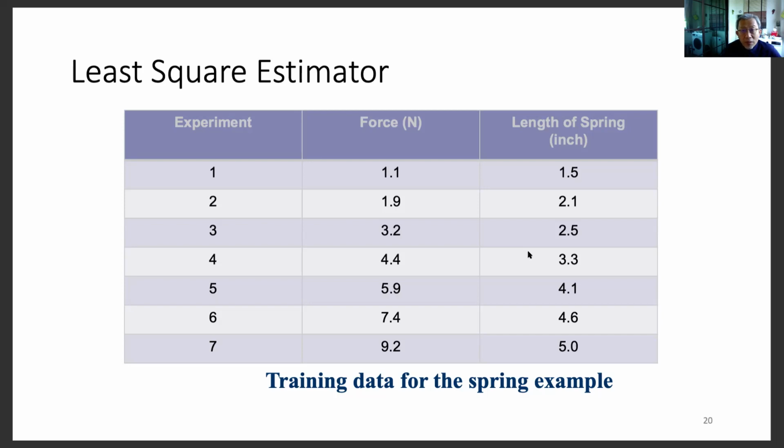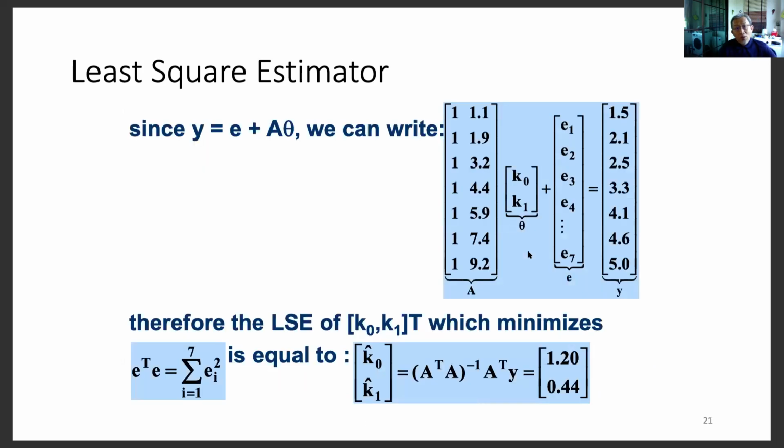So since y is equal to E plus A theta, we can write the data as shown here. This is the A, which is input 1111, from experiment 1 to 7.